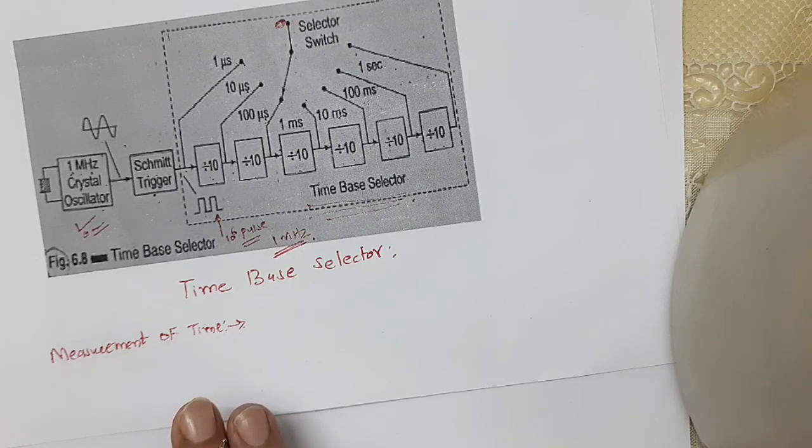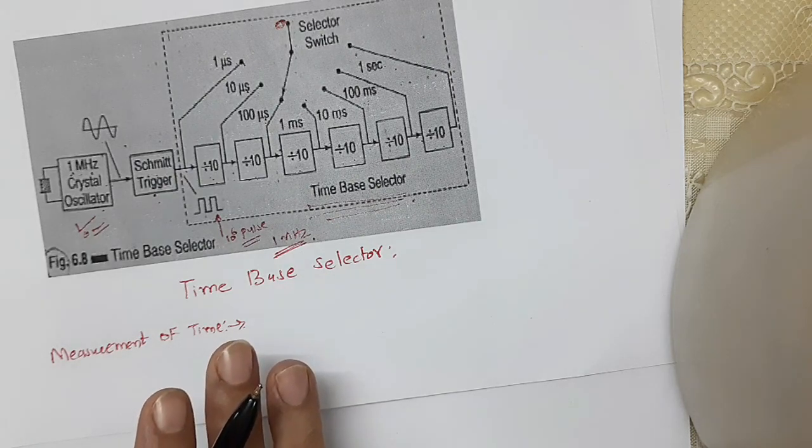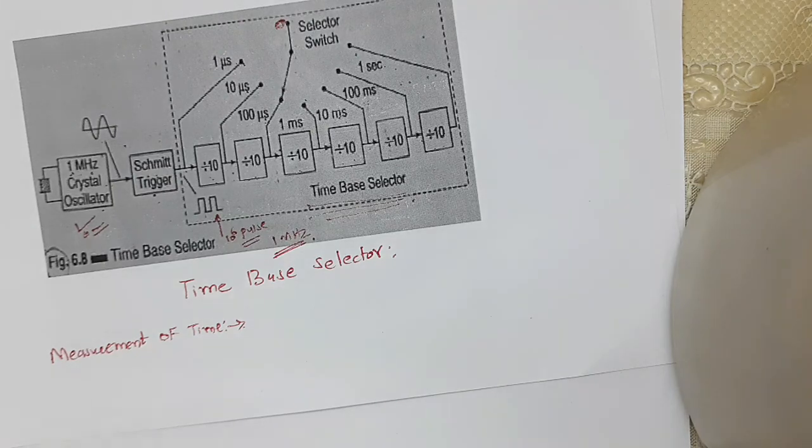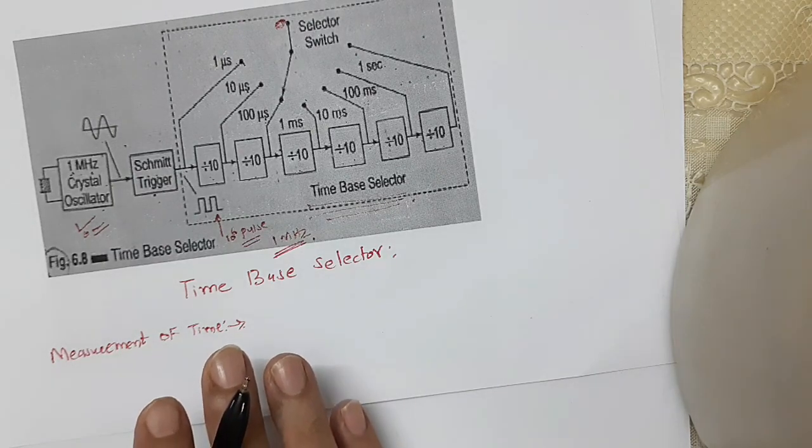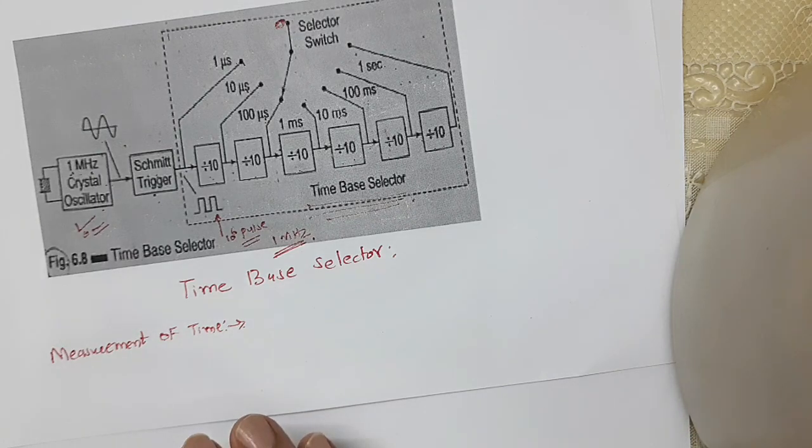The circuit used for measuring frequency can be used for the measurement of time period if the counted signal and gating signal are interchanged.